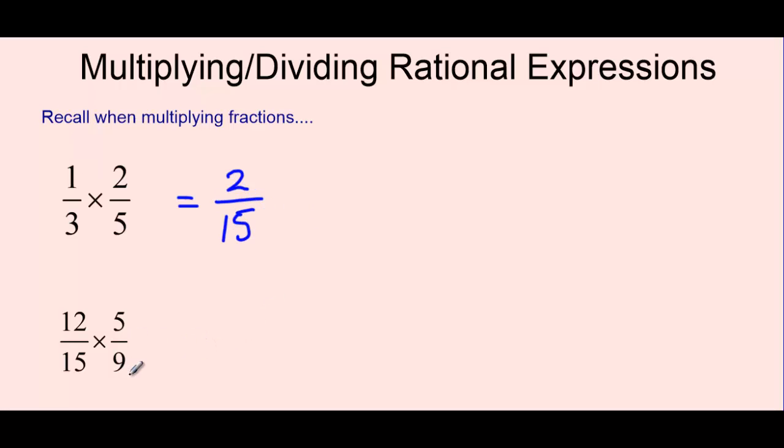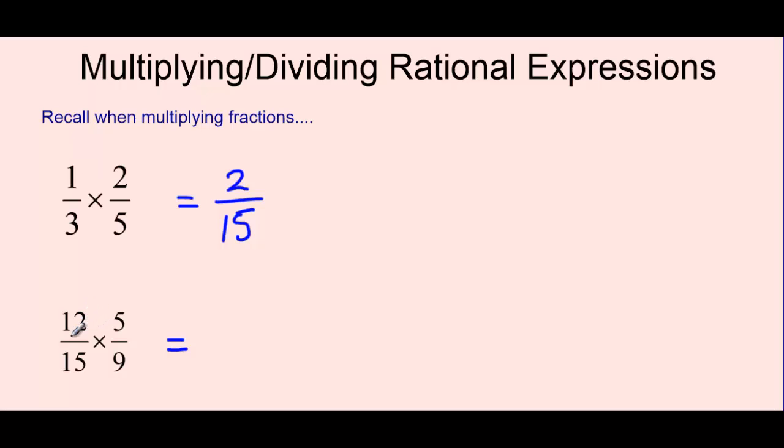If we have bigger numbers, like 12/15 times 5/9, it might even make sense to reduce the fractions first before multiplying across. So any numerator can reduce with any denominator as long as everything is multiplying and dividing. You can even reduce from one fraction with another fraction.